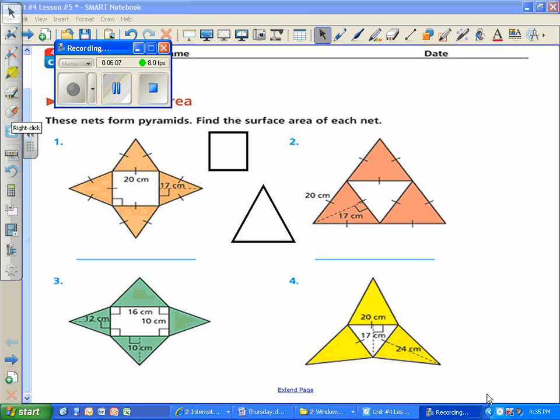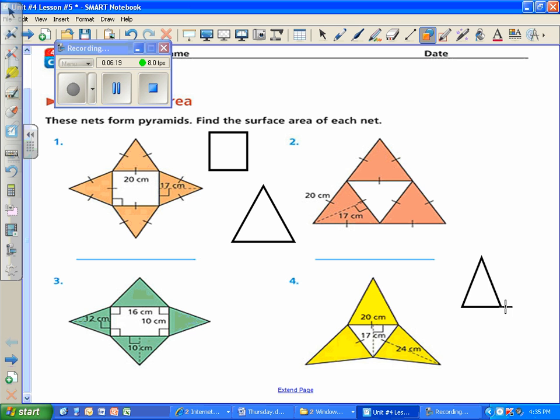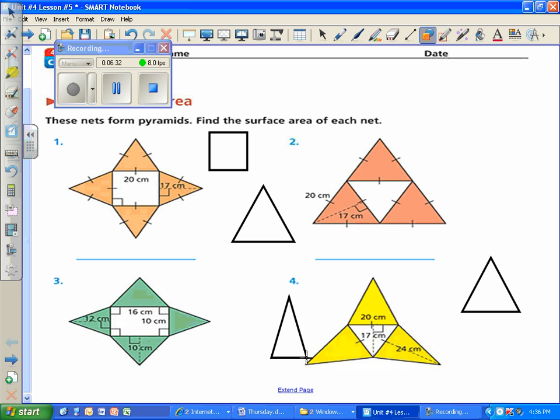Let's take a look at number 4 a little bit closer. So let's actually work it. So what I'm going to do here is I'm going to bring down a triangle to represent my base, and I'm also going to bring down another triangle to represent my faces. Okay?